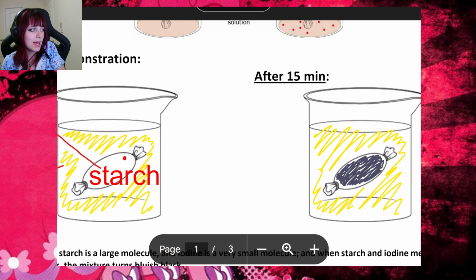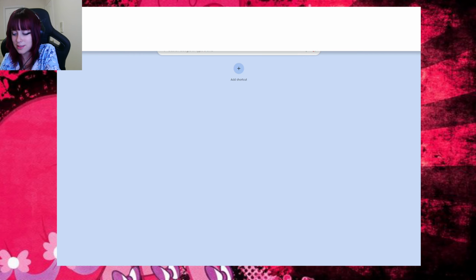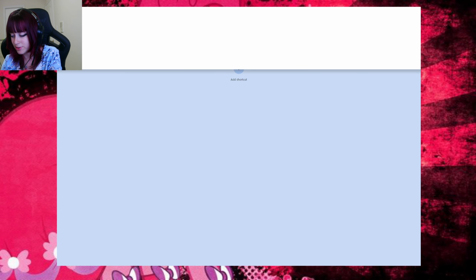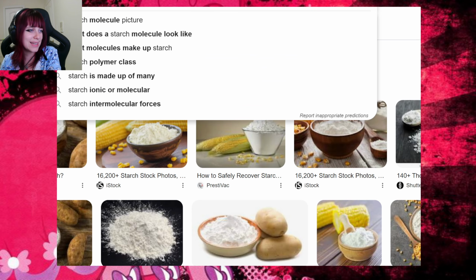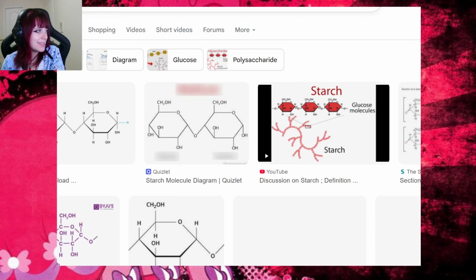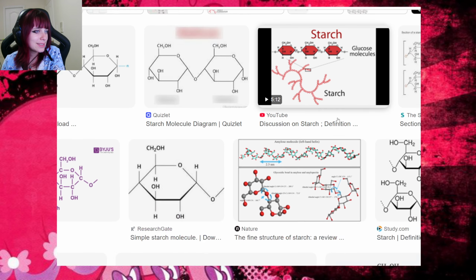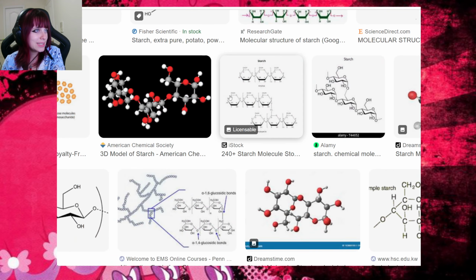And I2, think of it like this. I2 is just two atoms covalently bonded to each other. But starch, let me just scare you with a picture of it.